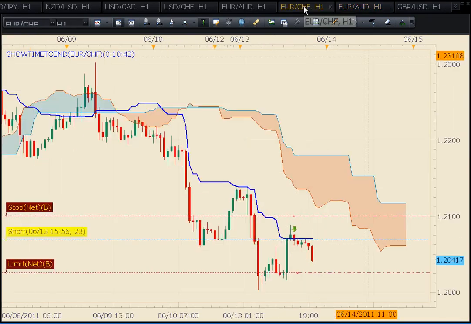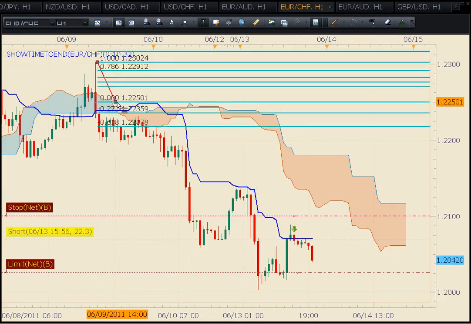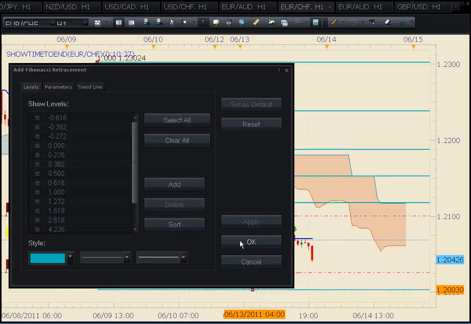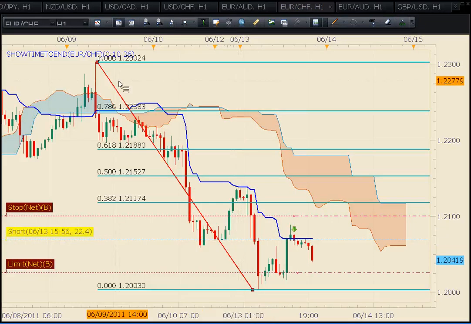Okay, let's go to another chart. Okay, we got this move here. Let's say this whole move from the top to the bottom. Now if this is coming down and then this is the retracement, we would look here, the 38.2 line smack dab on the top of this Kumo cloud right here.